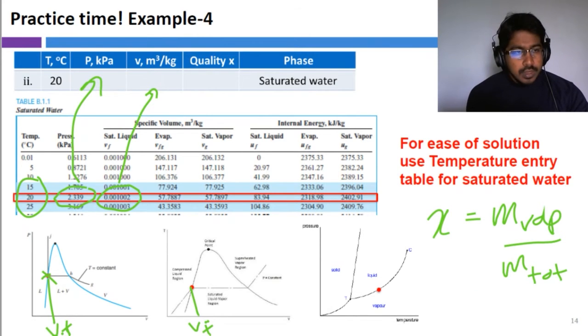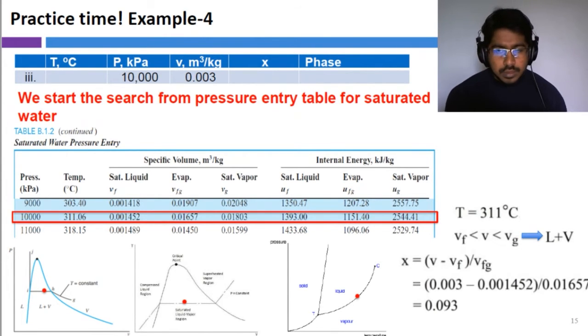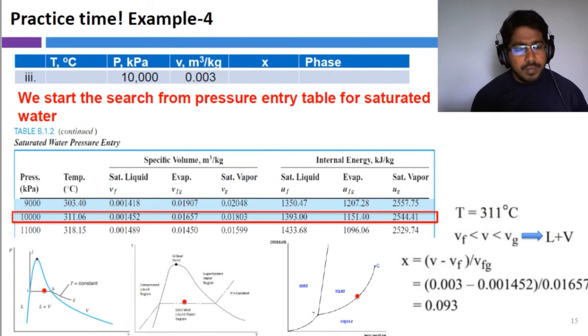Perfect. So now, this problem is kind of tricky. I'll solve it myself with you because you have not been exposed to something like this earlier, right? The pressure and specific volume are given, but the temperature, quality, or phase is not given.